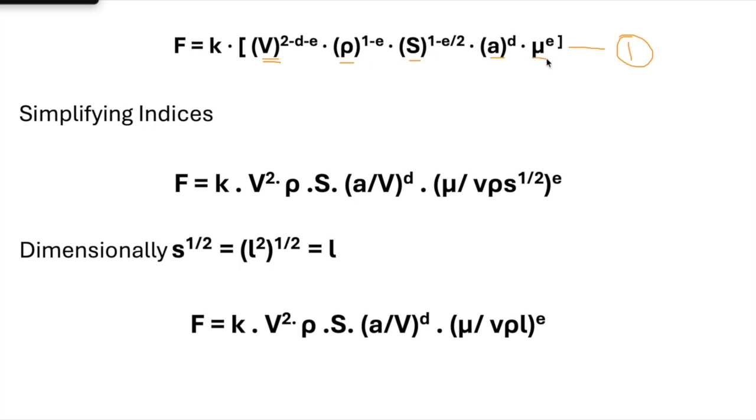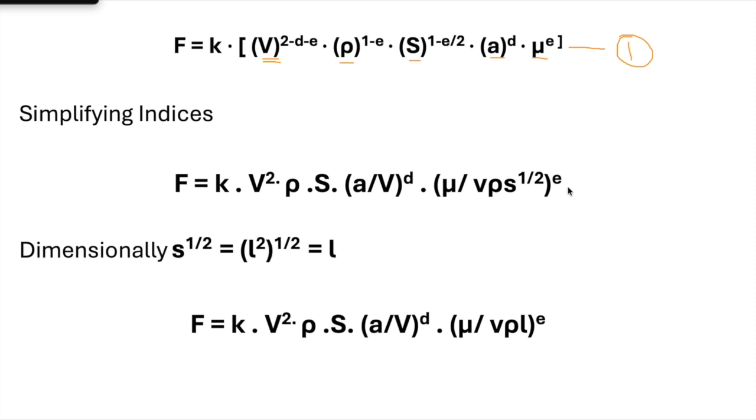So writing all those under one power, I can write mu divided by V rho S to the power half. So that will be my simplified equation, which is rearranged under same powers.